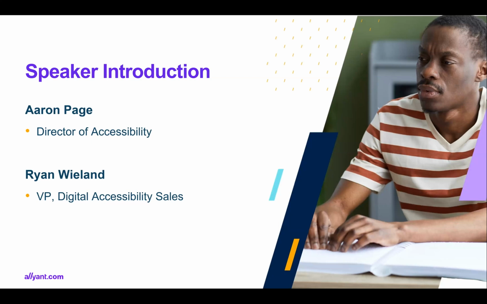Thanks, Ryan, and hello, everybody. It's nice to get a chance to talk with you today. My name is Aaron Page. I am Director of Accessibility here at Alliant. I myself am blind. I was born with congenital glaucoma. I lost my remaining functional vision about 15, 16 years ago now. I've been working in the digital accessibility space for 10 years, the last 5 of which have been with Alliant.